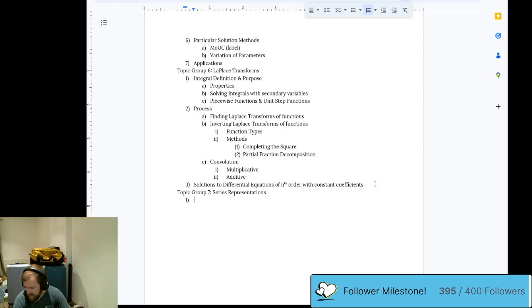Alright, so series representation. In this particular case, we're really focusing just on power series. And we can talk a little bit, just real quick, on what Taylor series is and how it worked in Calc 2, but at the same time, we're not going to be using that in differential equations for the most part, because what we're going to be concentrating on is just letting the constant coefficients be whatever they need to be in order to make this work.